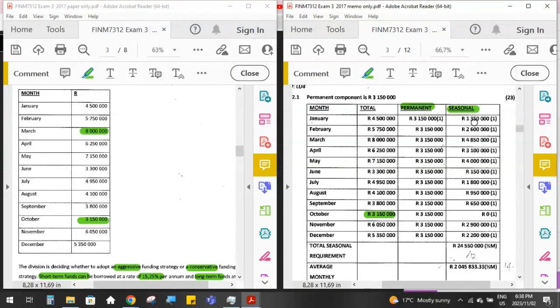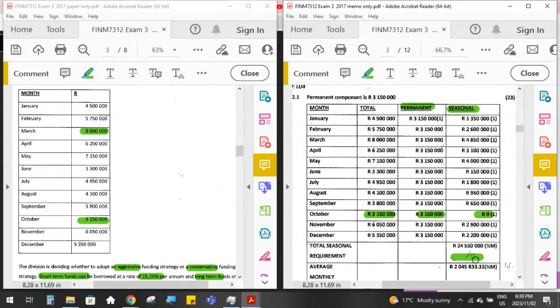So on a seasonal basis, when my funding requirement fluctuates, these are the extra amounts that I will require in these specific months. We add these seasonal amounts up for all 12 months, and we get a total, and we divide that by 12. Please take note that even though there was a month over here that had 0 requirements in seasonal requirements, obviously in the month that is equal to our minimum permanent amount, we still divide the total by 12.